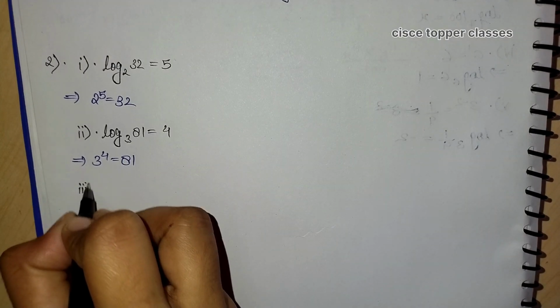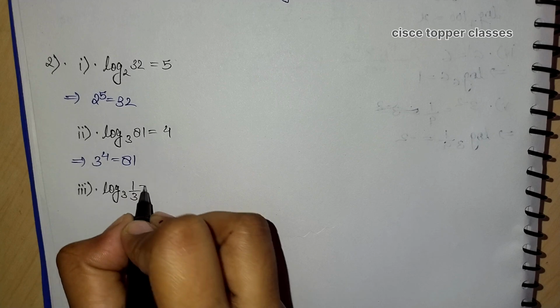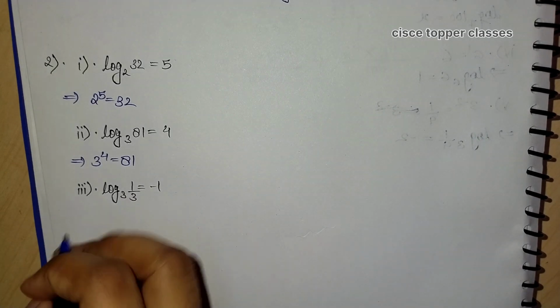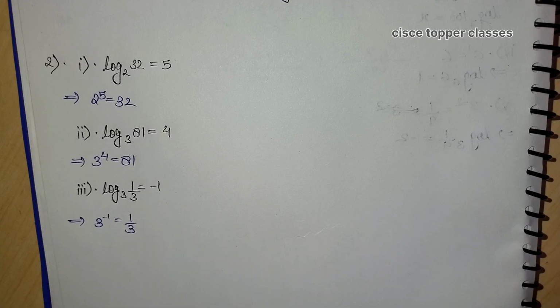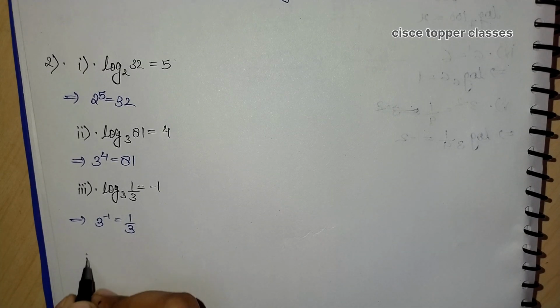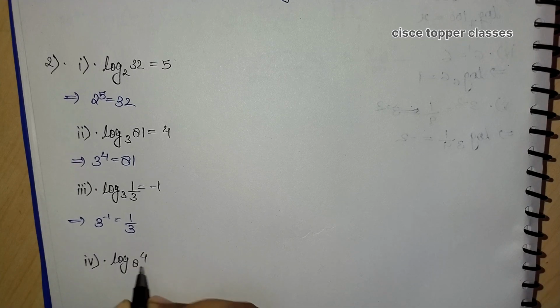If we cross check also, it is 81 only. Now the third question here is log of 1 by 3 with base 3 is equal to minus 1. We can write 3 to the power minus 1 equal to 1 by 3. Now fourth question here is log of 4 with base 8 is equal to 2 by 3.